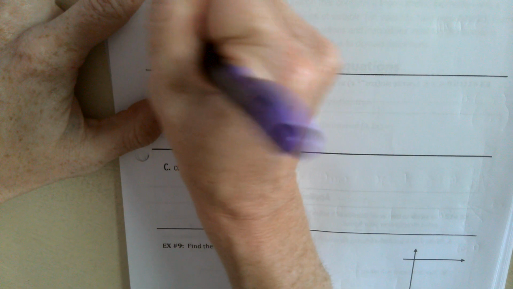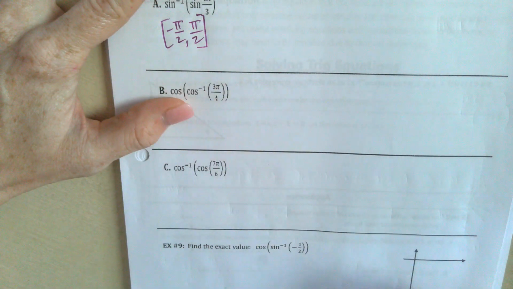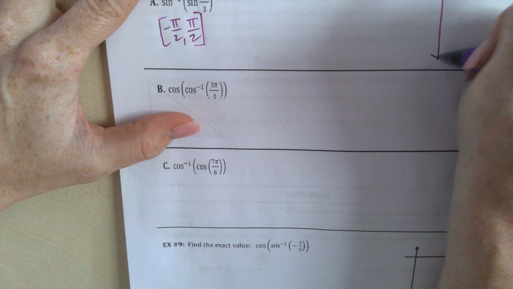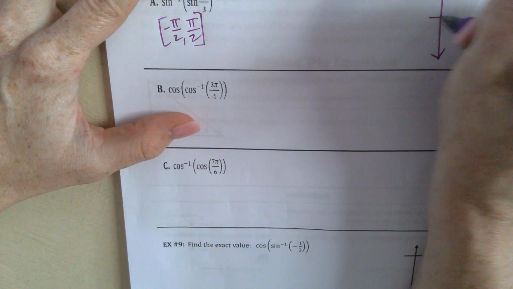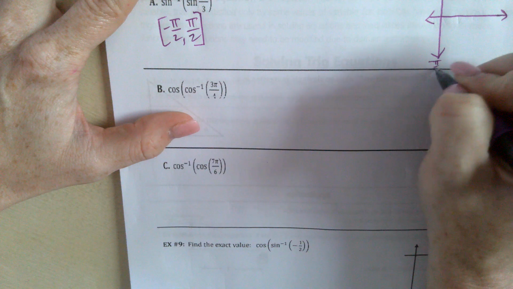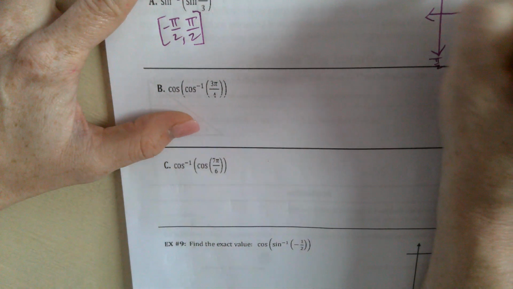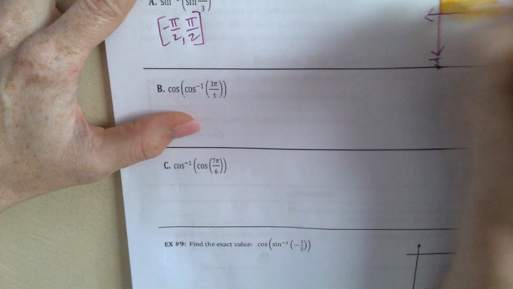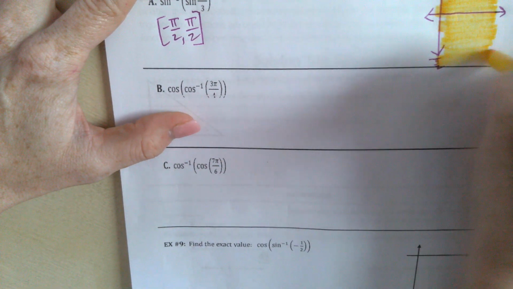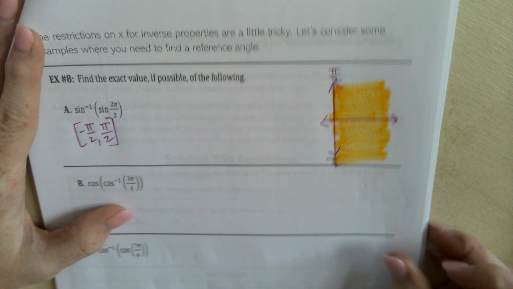That means that whatever my final answer is has to fall within that range, okay? Now, negative pi over 2, positive pi over 2. My answer, or answers, have to fall somewhere in here. Okay?